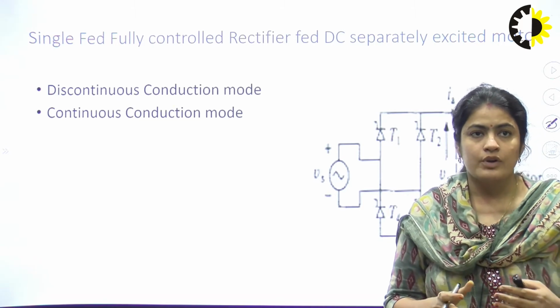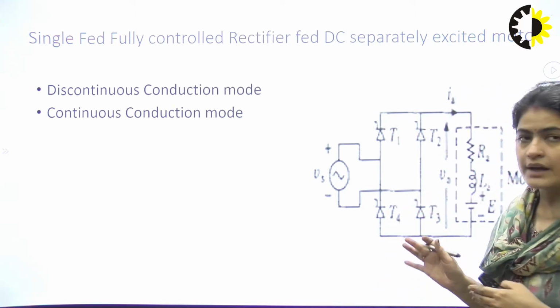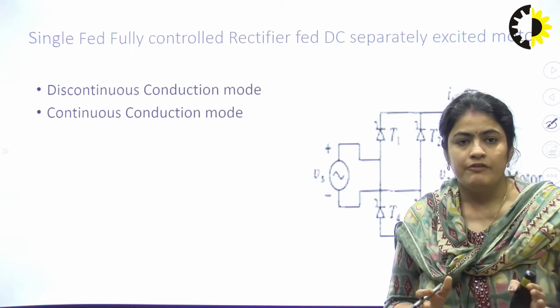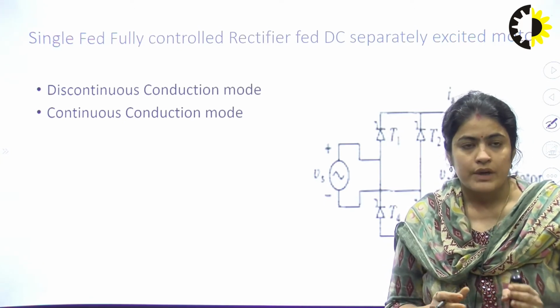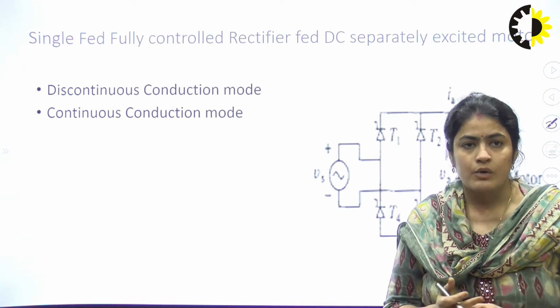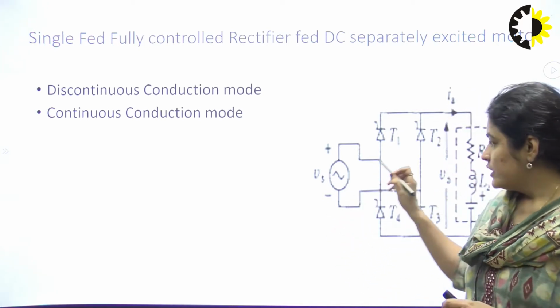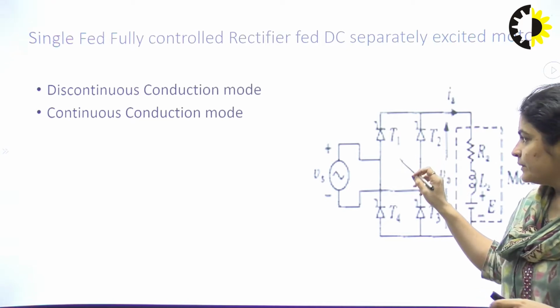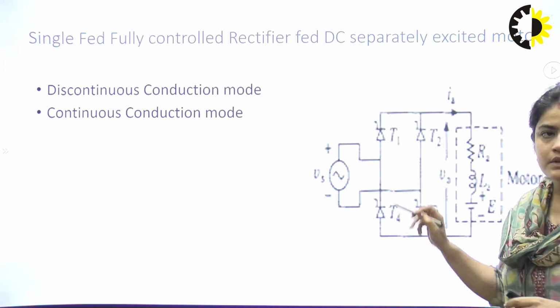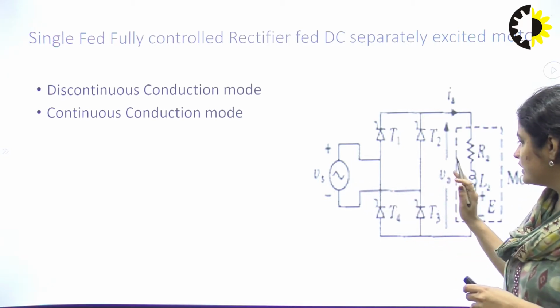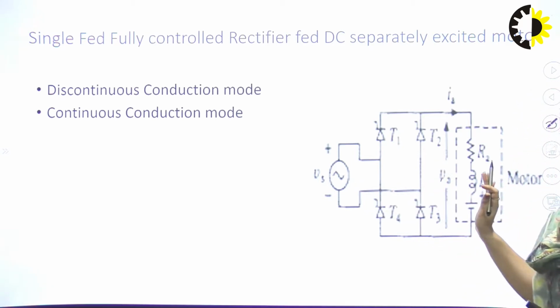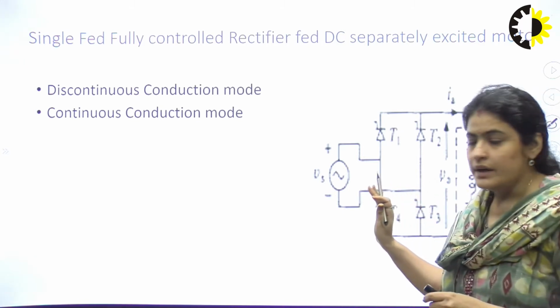Here I am going to take a DC drive, and with the help of a single phase rectifier we are feeding the power. I have considered a fully controlled rectifier, which converts the AC supply to DC, and this DC is fed to the motor.